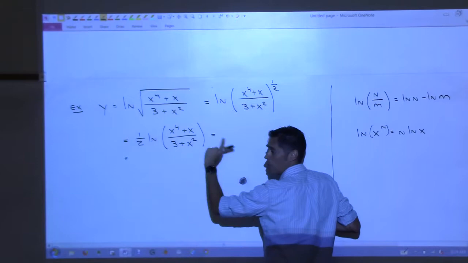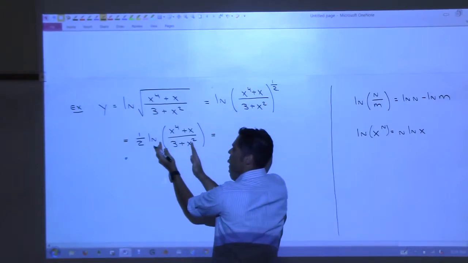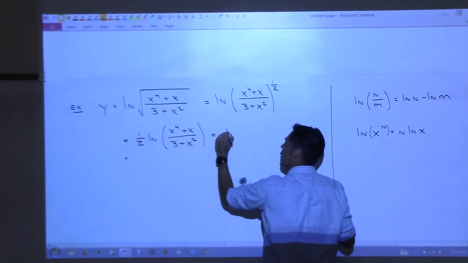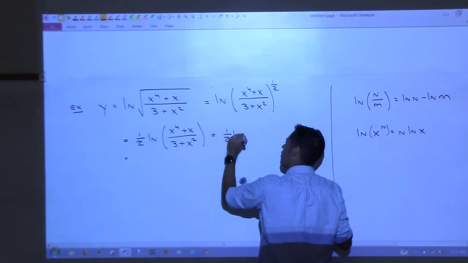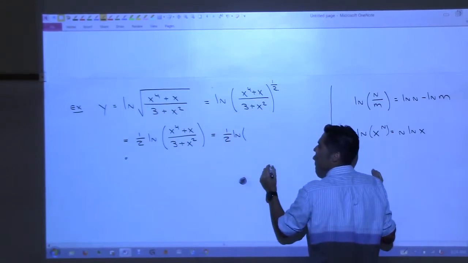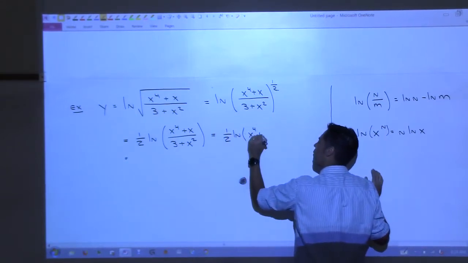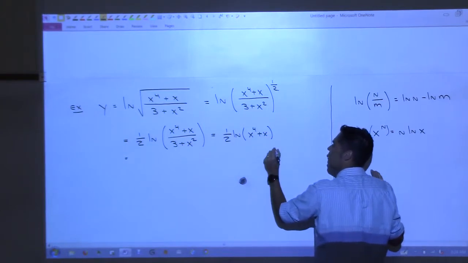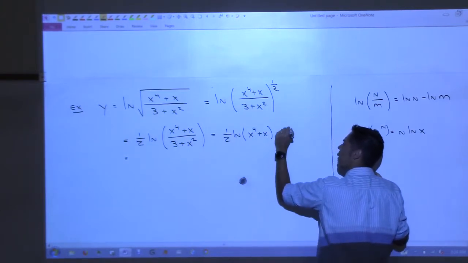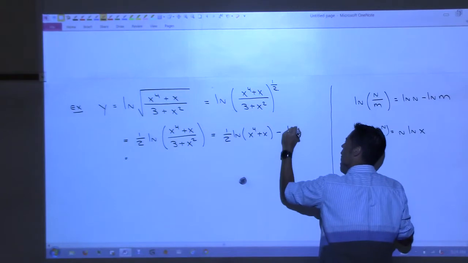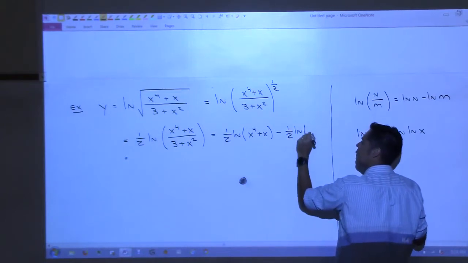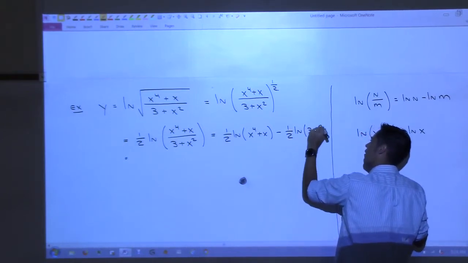It's going to go to both. So this is going to split into 2 logs, but the 1/2 is going to go to both of them. So I'm going to have 1/2 natural log of what? x to the 4th plus x, and then minus 1/2 again, natural log of 3 plus x squared.